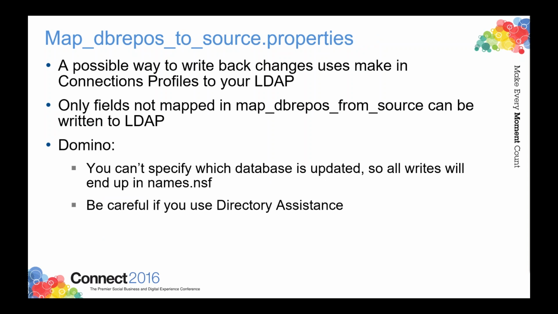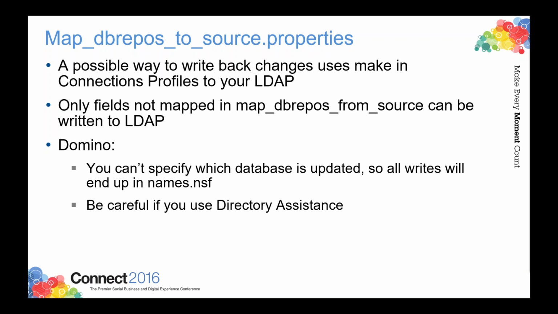The MapDB repos 2 source, I already said, is for write-back changes to the LDAP. You can only write back fields which are not mapped in the MapDB repos from source file, so no circular things can happen.